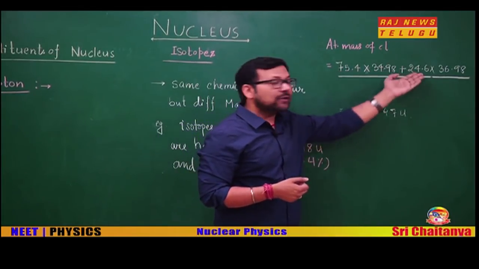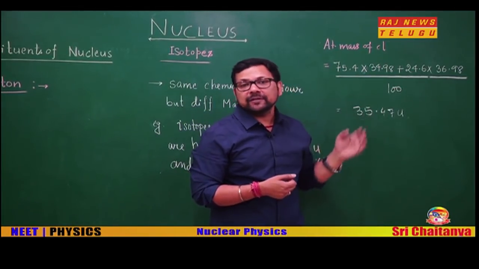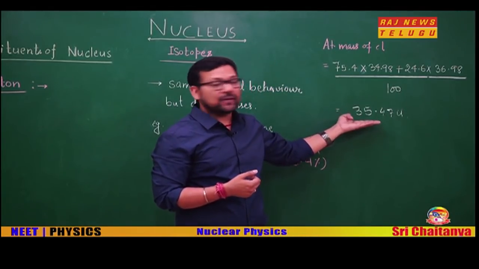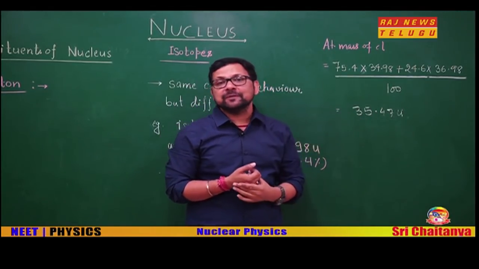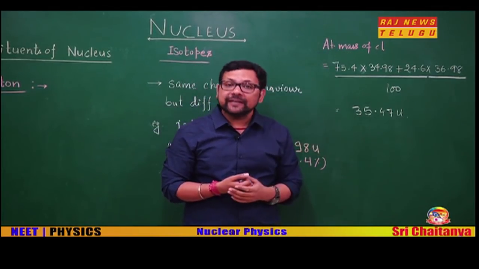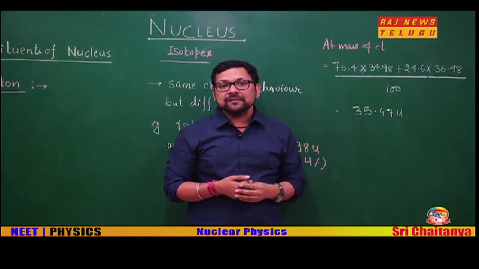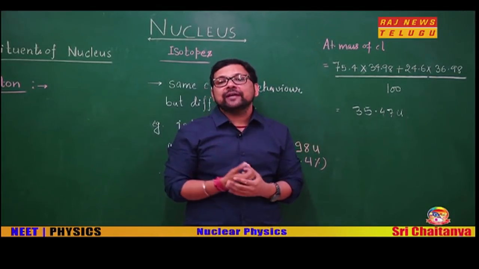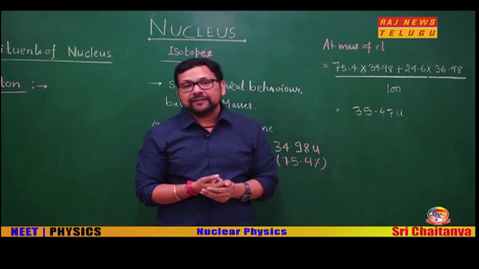Since we are calculating in percentage, divided by 100, you will get a value of 35.47 atomic mass unit, which is called the atomic mass of chlorine. But this atomic mass has two isotopes, and according to their relative abundance we calculated this.